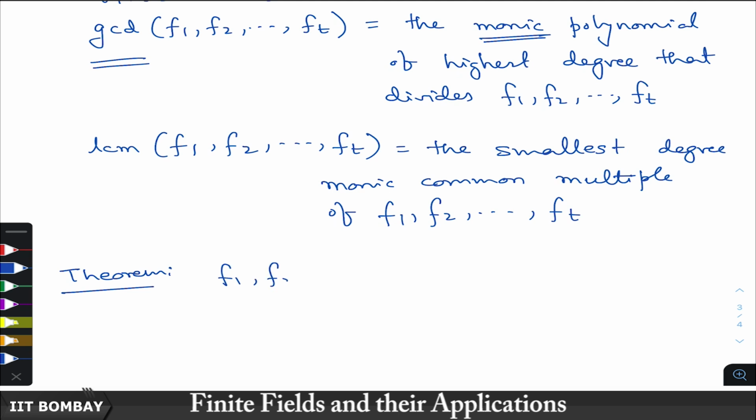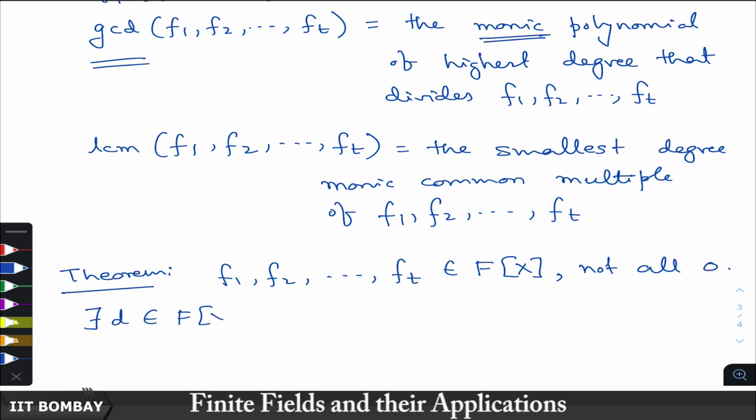Let f1, f2 up to ft be polynomials over F, and not all of them are 0. There is at least one of them which is non-zero. Then there exists a d in F[x]. We are not writing f1 of x and so on to reduce notation.